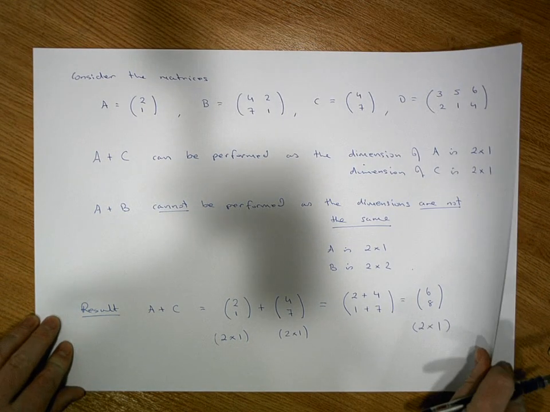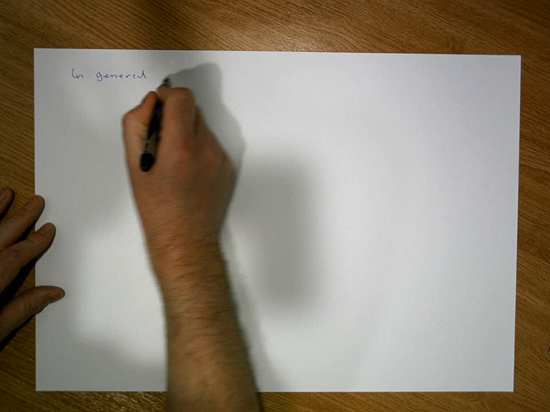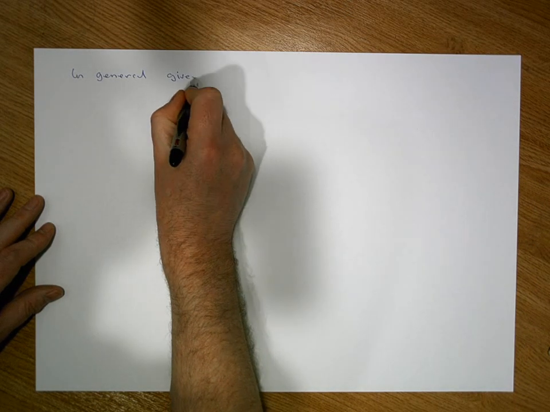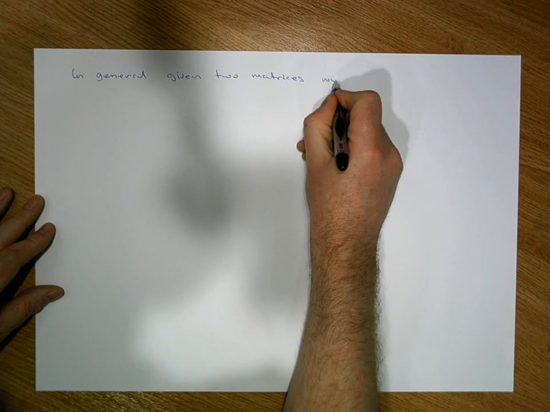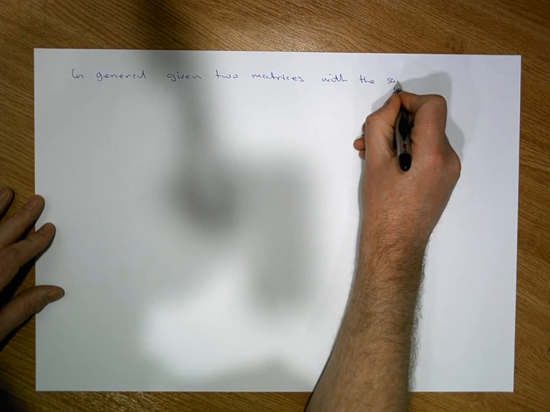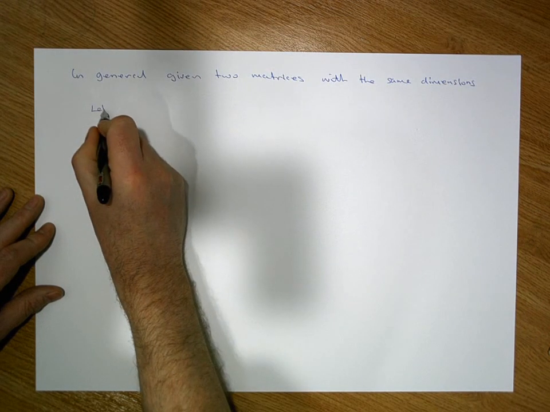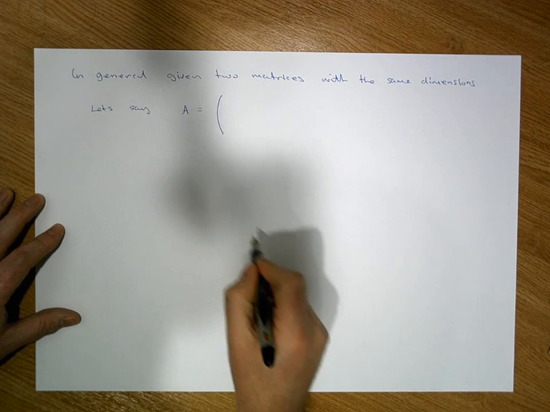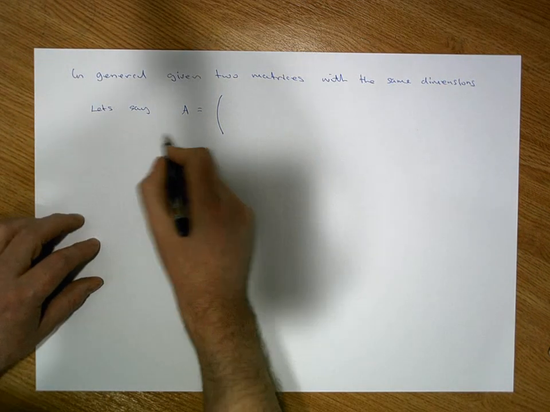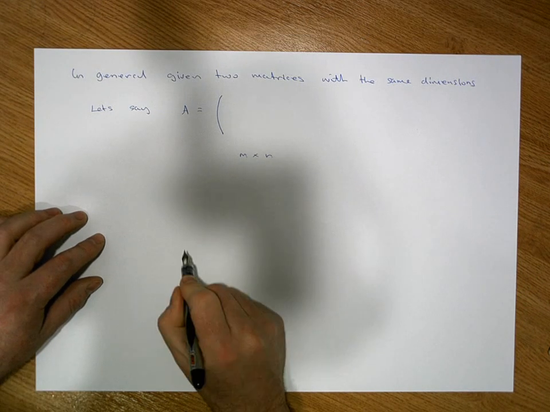From a general perspective, given two matrices with the same dimensions, let's say A is an m by n matrix, meaning it has m rows and n columns.